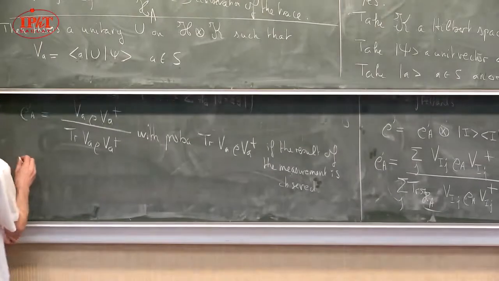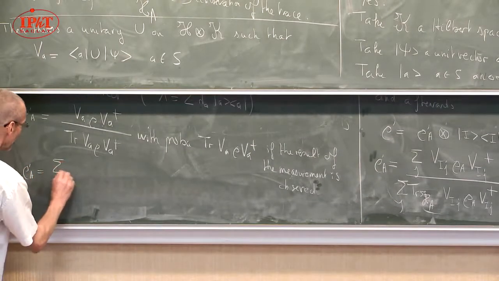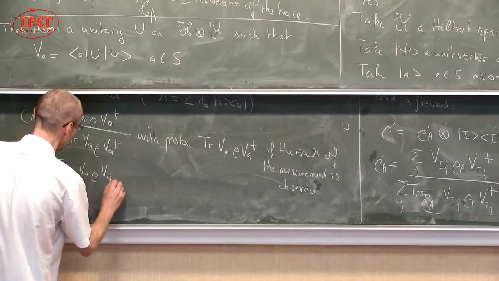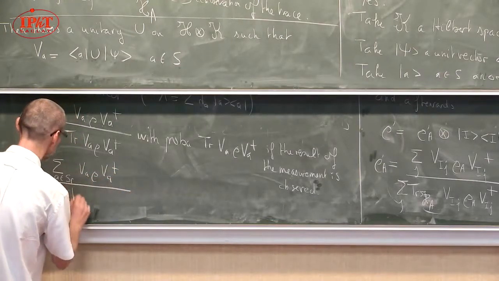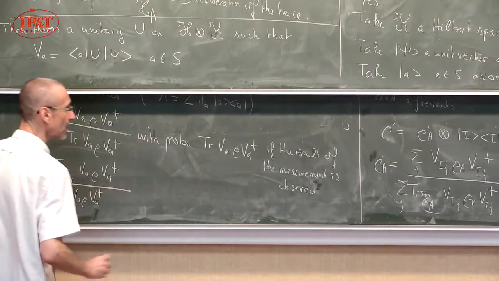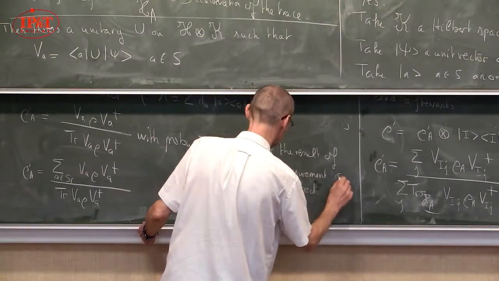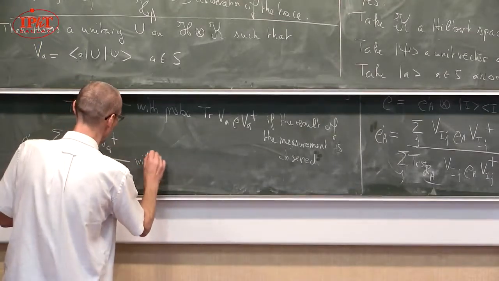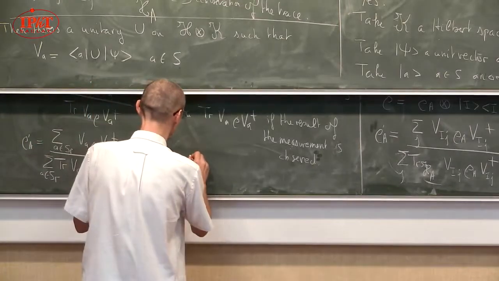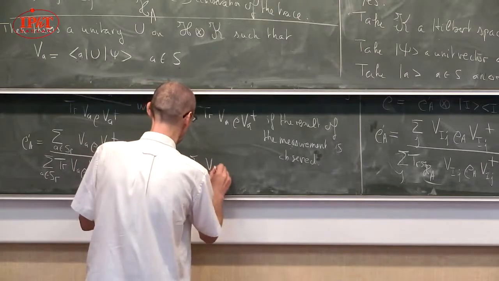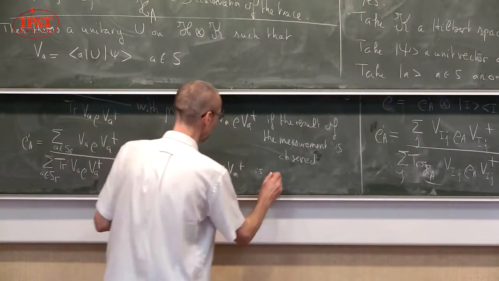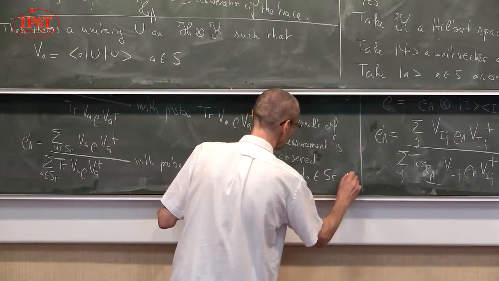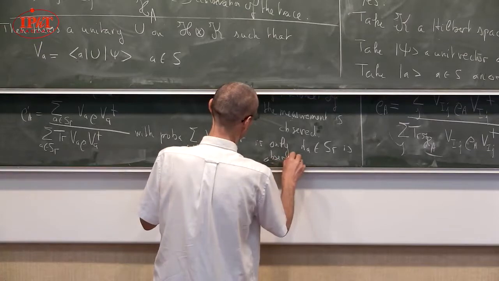And on the other hand, what we will find is rho prime r equal to the sum over A belonging to S_r of VA rho VA dag, divided by the trace over A belonging to S_r, and this is the probability, the sum over A in S_r of VA rho VA dag, if only lambda_A belongs to S_r is observed or recorded or whatever.